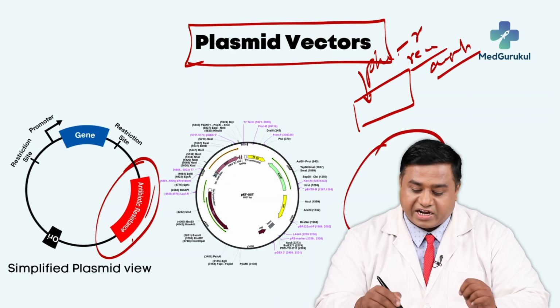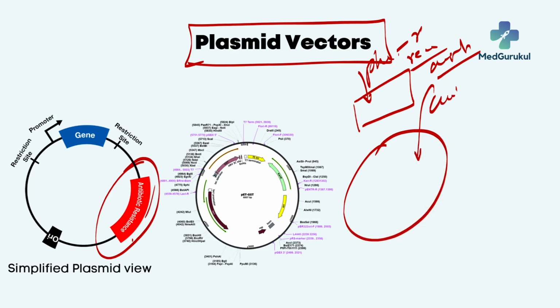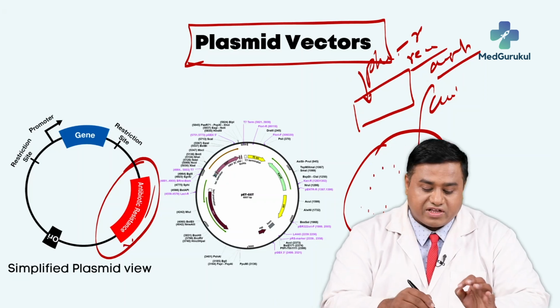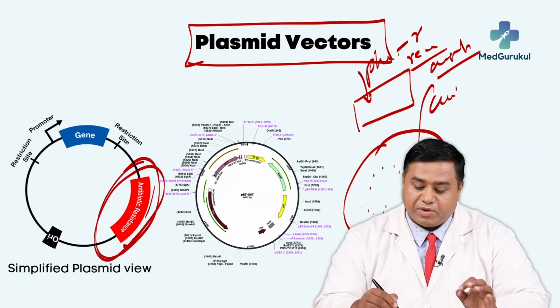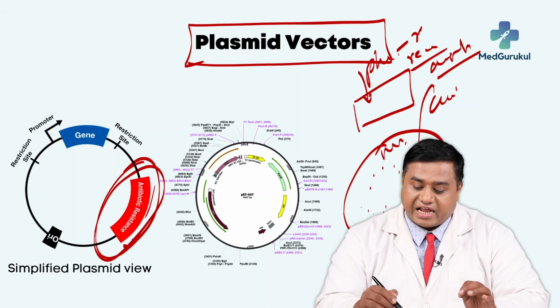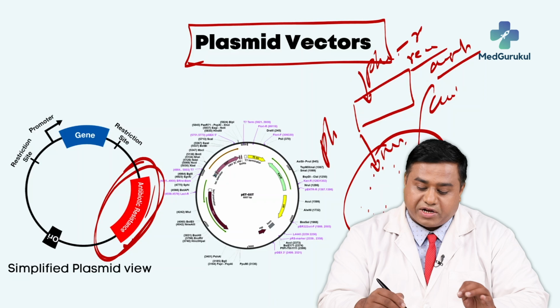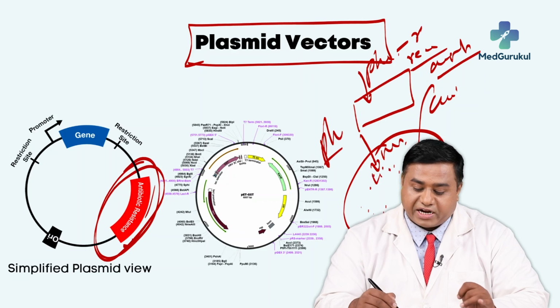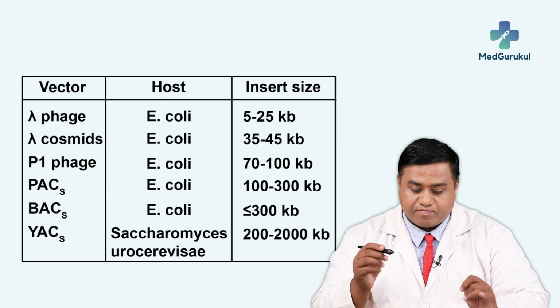So, once in a petri dish, if you introduce an antibiotic, all other bacteria without this gene will die off, and only those colonies having the resistant gene will be able to multiply. And this is an indication that the plasmid has been taken up by those bacteria and they are living.